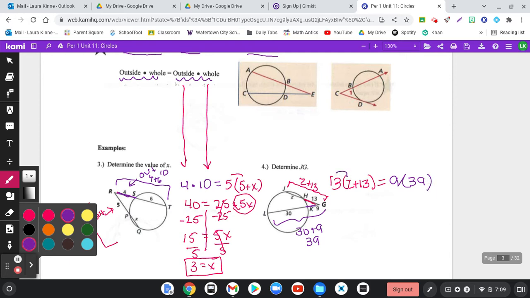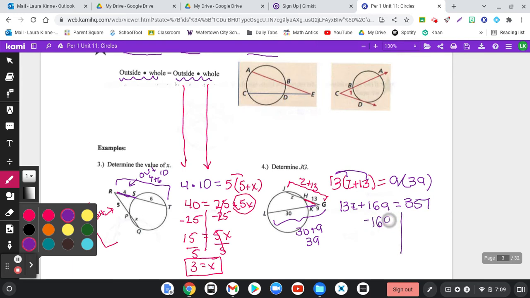All right, so distribute. So we have 13z plus 169, 13 times 13, equals 9 times 39, 351. Just a short equation to solve.